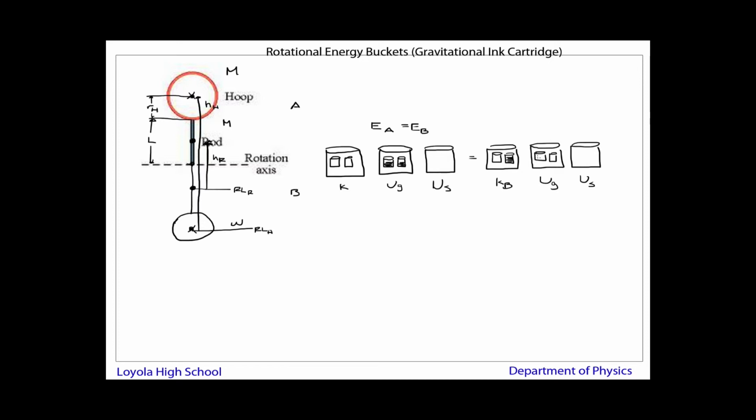And then over here, because each object, the rod and hoop, will reach their respective reference line, there will be no potential at the end and no spring.